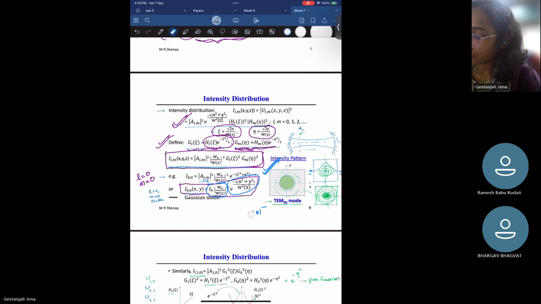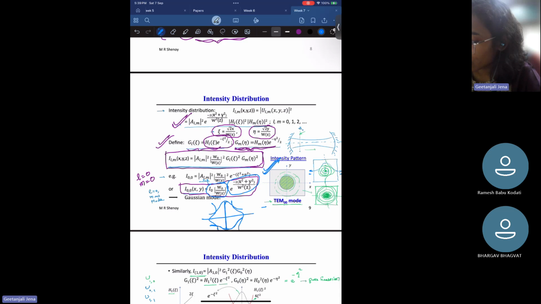What I mean to say is, we have a pattern in this space. In the x direction, it is Gaussian. In the negative x, it is also Gaussian. In the y direction, it is Gaussian. In the negative y, it is also Gaussian.